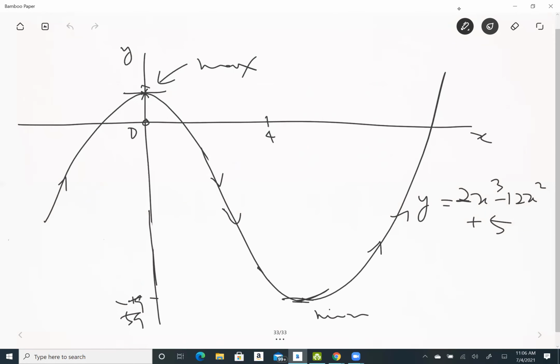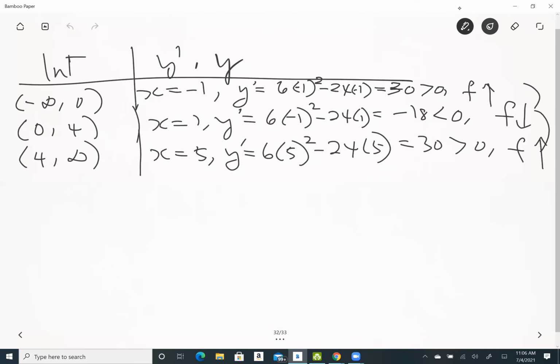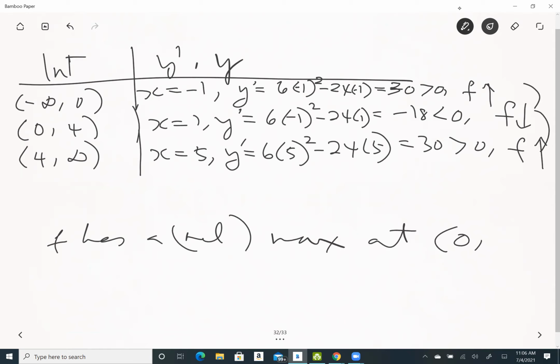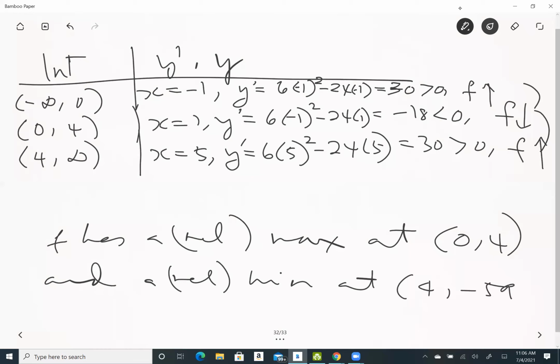For the first derivative test, sometimes it's good that you sketch the graph, so that you can confirm that is the right thing. So you can say that the function has a relative maximum at 0.5 and a minimum at 4, negative 59.